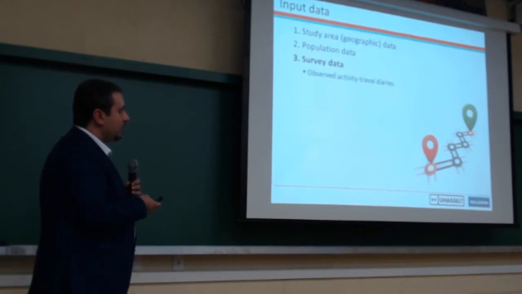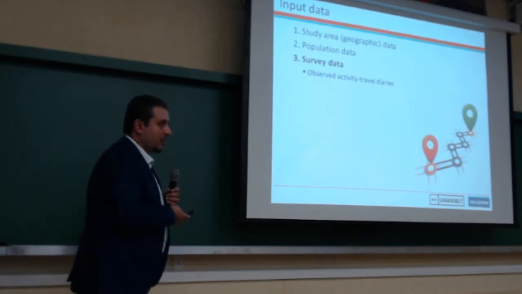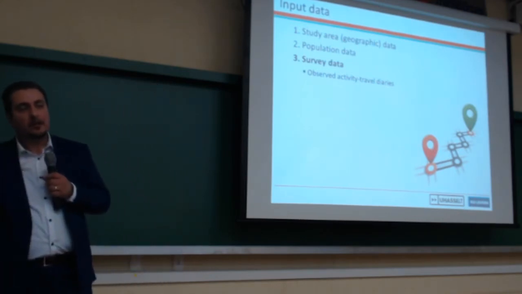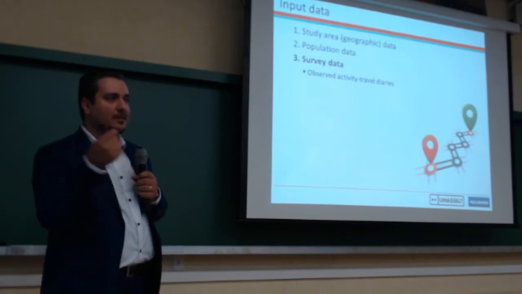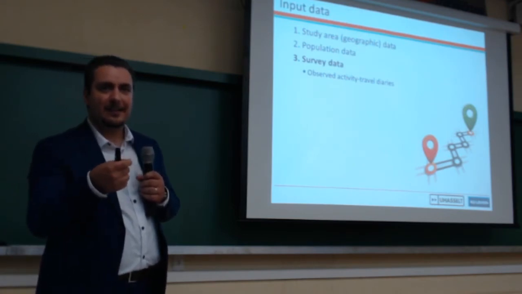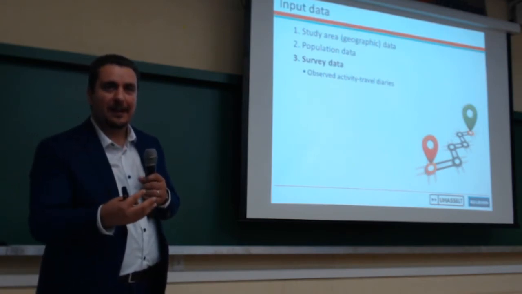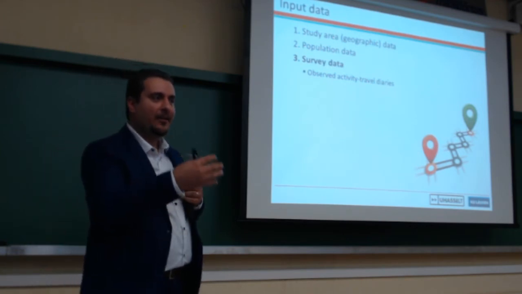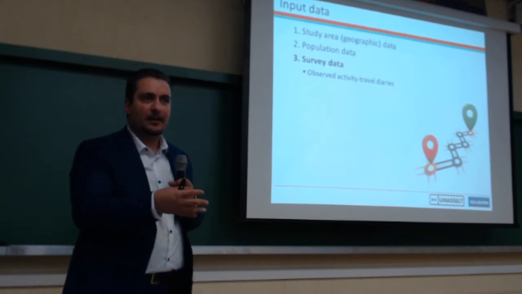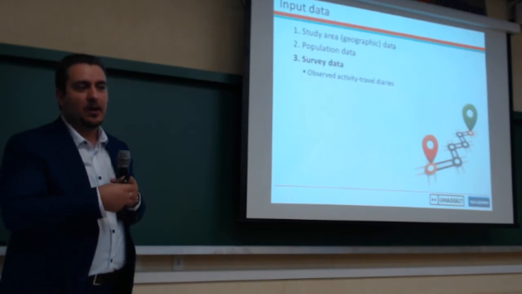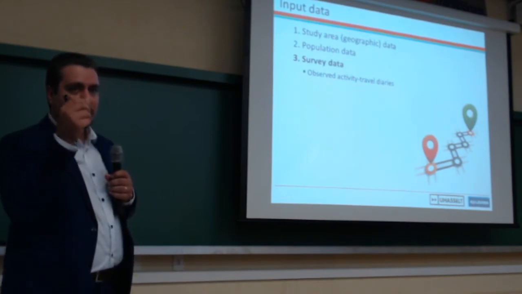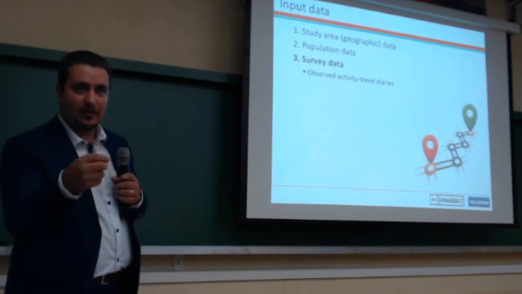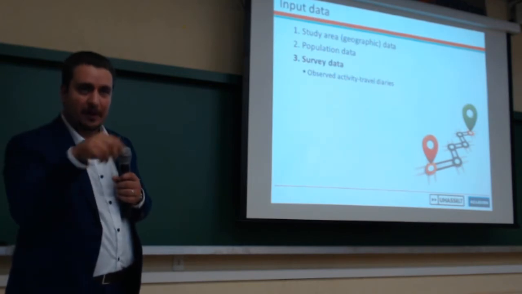So here we are talking about observed activity travel diaries. In the beginning, it used to be kind of a pen and pencil diary preparation. So we asked people to just write down what kind of activities they do at what time, from where to where.